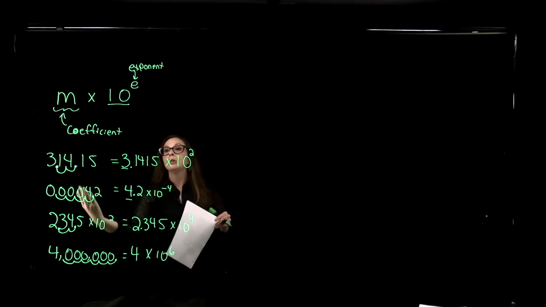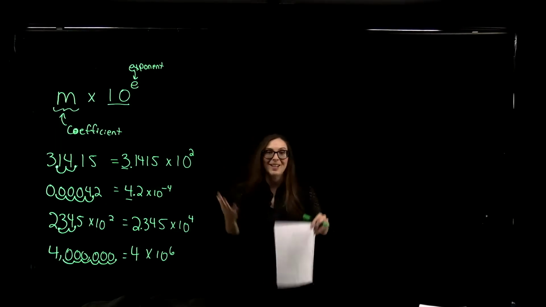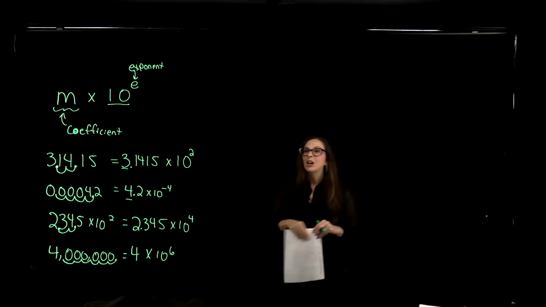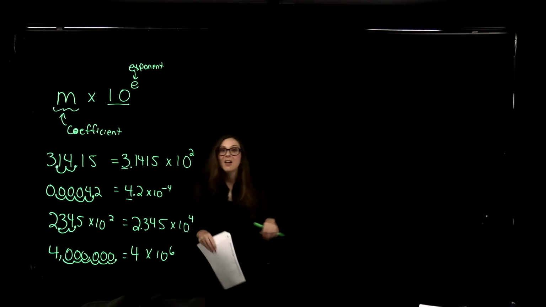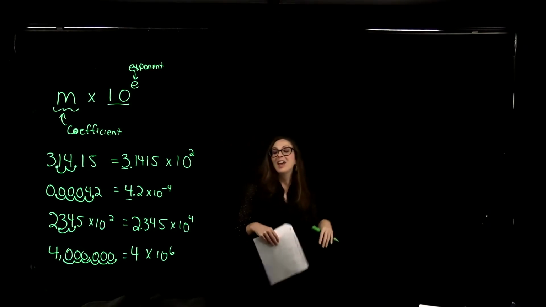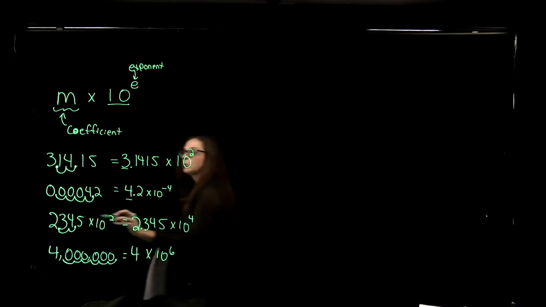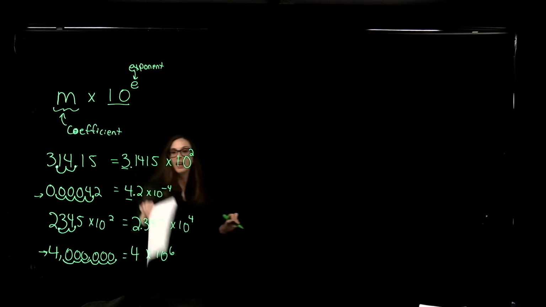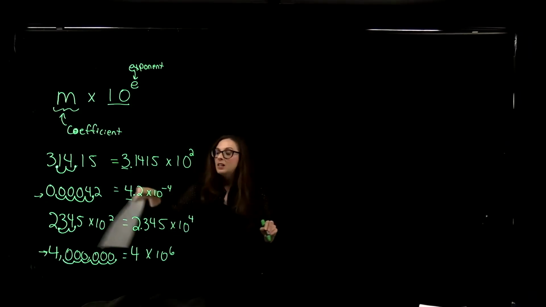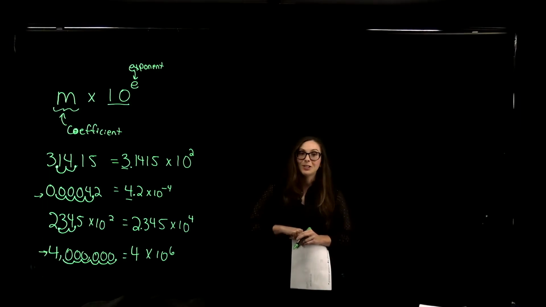When I say decimal notation, that's the whole number written out with the zeros and the decimals and all of their digits without your times 10 to the exponent, okay? But you're going to see that it's going to be a lot easier to write some of these numbers, especially these really, really small numbers and these really, really big numbers, in scientific notation instead of having to deal with all of those zeros and all those additional digits.